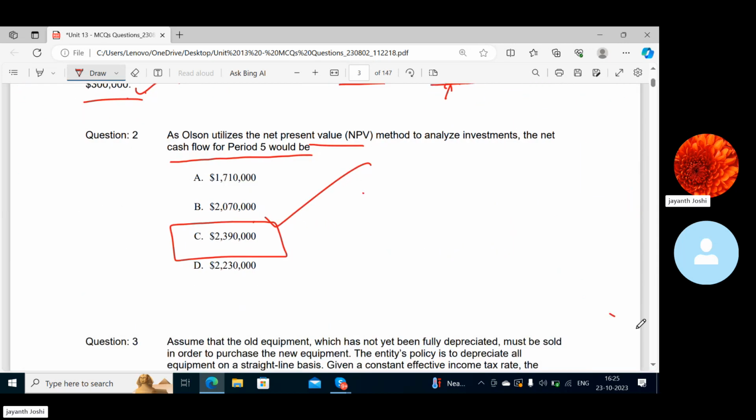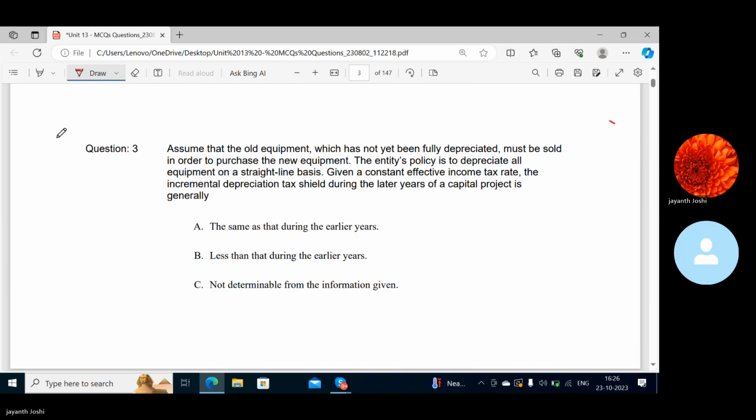Next question. So there's a question: assume that the old equipment which has not yet been fully depreciated must be sold in order to purchase the new equipment. That means you want to sell the old equipment and buy the new equipment. The entity's policy is to depreciate all equipment on a straight line basis.